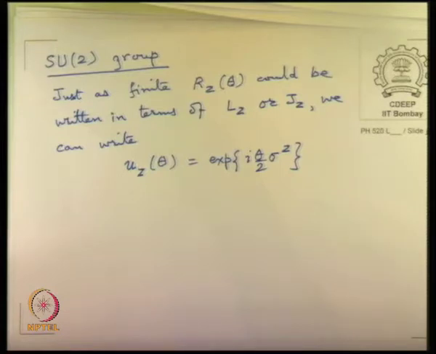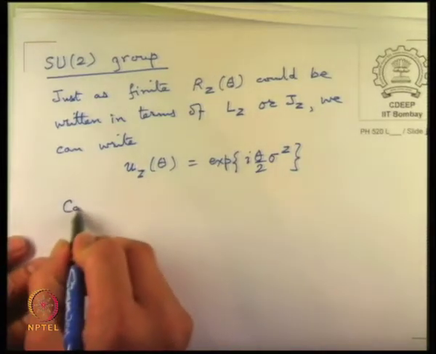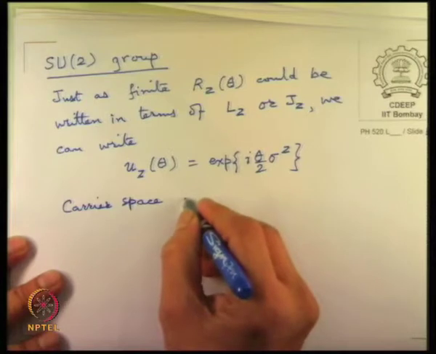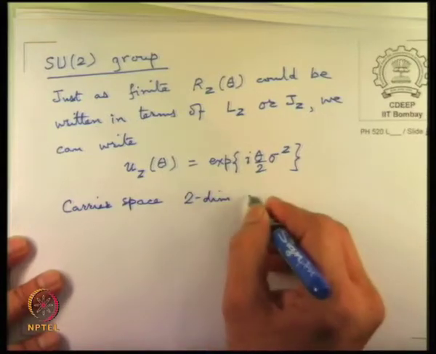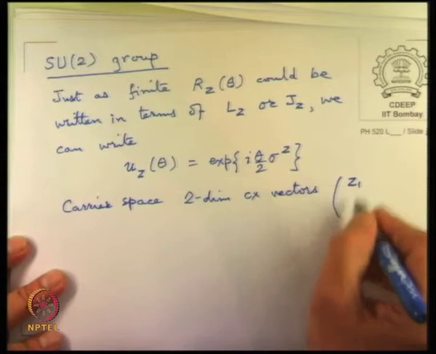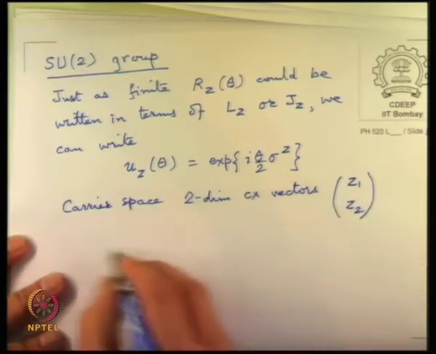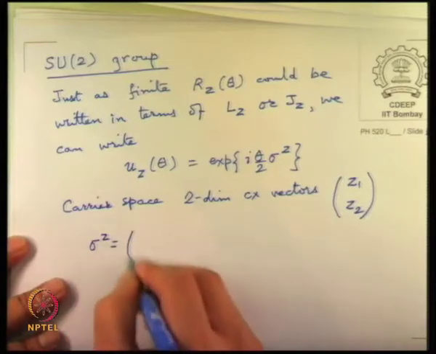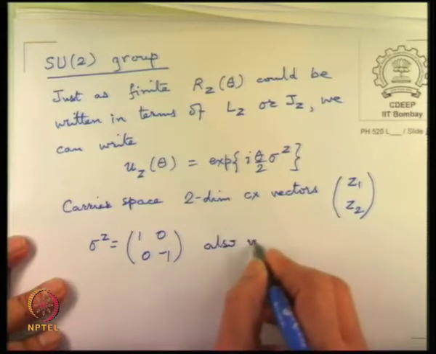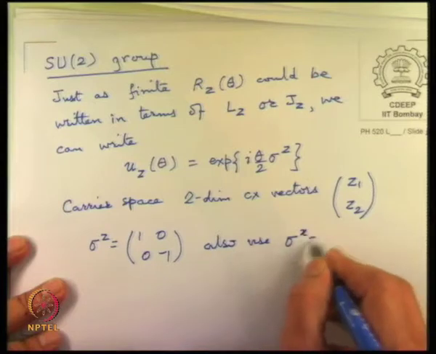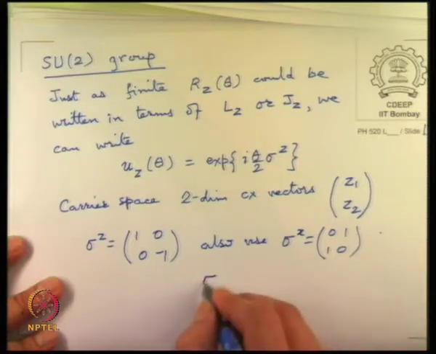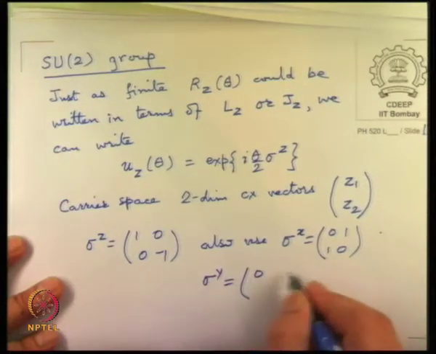We have switched to carrier space of two-dimensional complex vectors, let us say Z1, Z2, and the sigma Z matrix, of course, as you know, is 1, minus 1, and also we will use the sigma X matrix, which is 0, 1, 1, 0, and sigma Y. This is the only one you have to remember with some care.